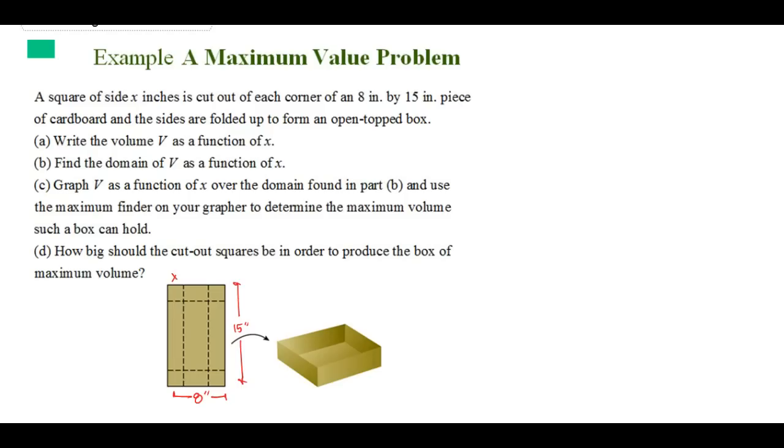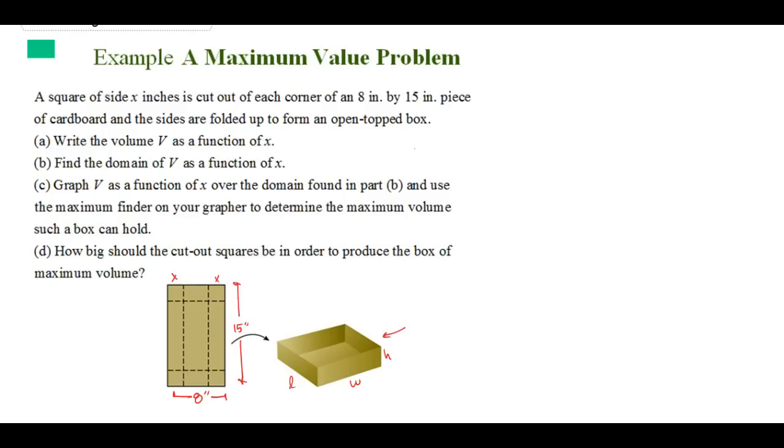All right. So how do you find the volume of this shape? Well, the volume of the shape is always length times width times height. And what are those dimensions of my box? You'd almost think it was 8 times 15, but it's not, because the 8 inches is going to have 2 x's cut out of it.